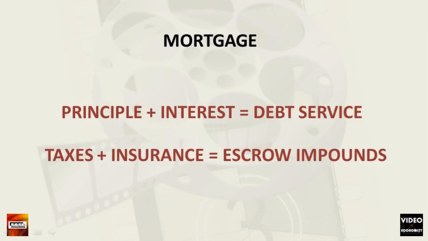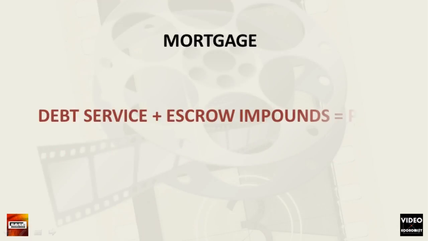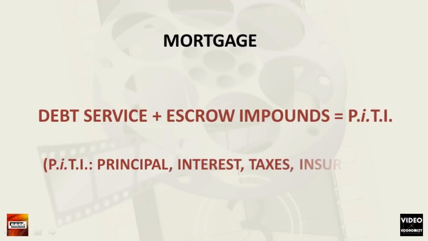But there's also, in most mortgages, taxes which are paid and insurance which is paid, and those are paid into an impounded fund called an escrow account, and they're included as part of a monthly payment. They're held in escrow and then dispersed. So we have debt service and we have escrow impounds, and these two items together make up the total amount which would be paid monthly, and we call that PITI, pity, and this includes, again, principal, interest, taxes, and insurance.